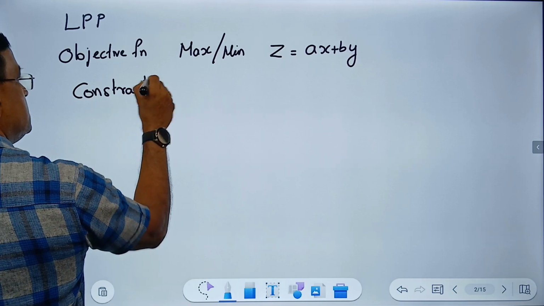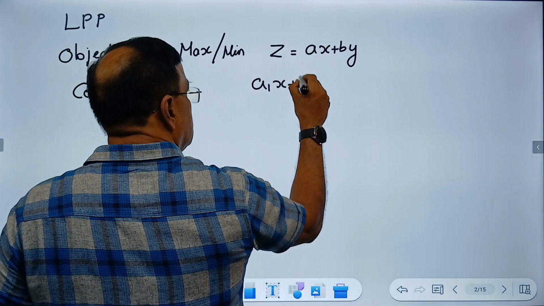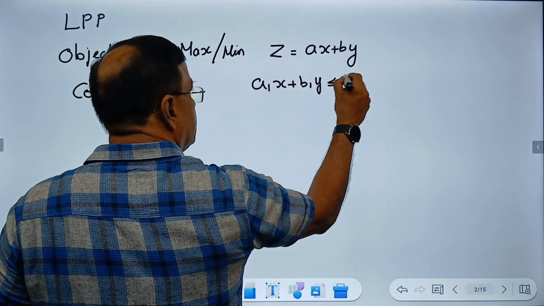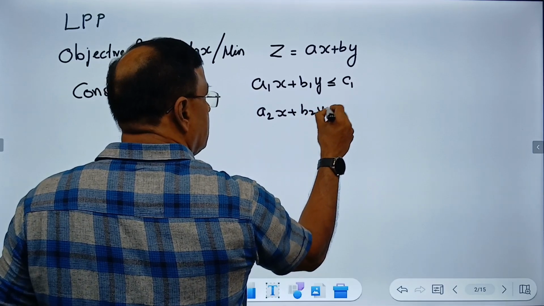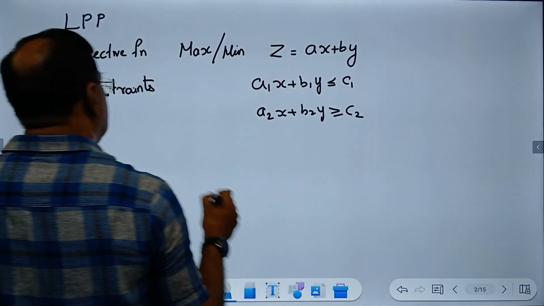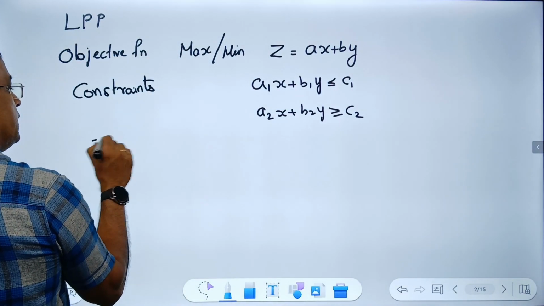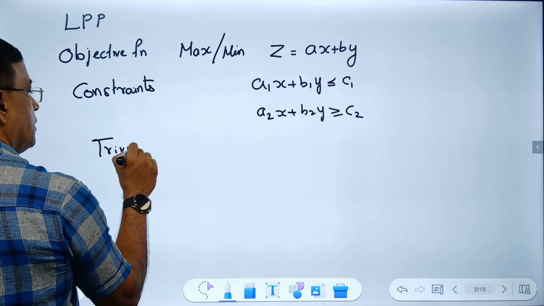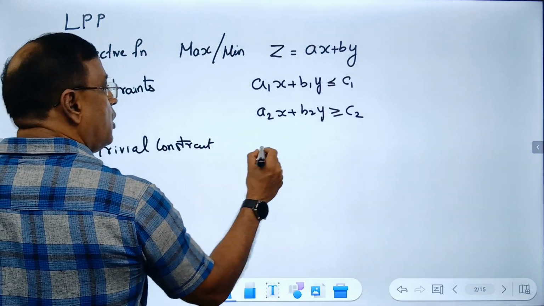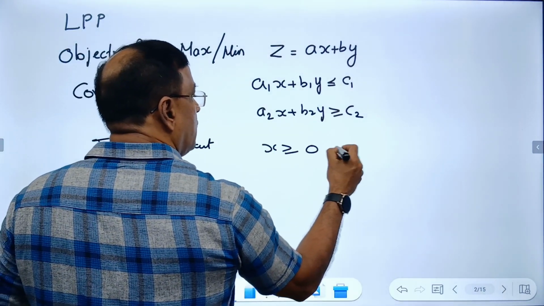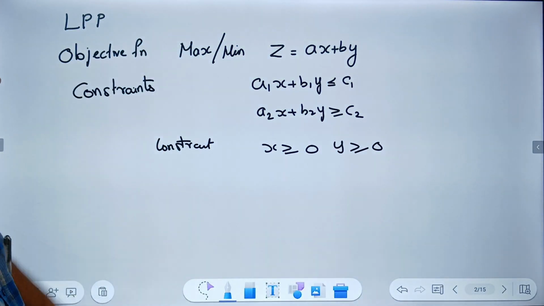Now what type of constraints? They are non-trivial constraints like a1x plus b1y less than or equal to c1, and then a2x plus b2y greater than or equal to c2, and so on. Finally you have the trivial constraints, otherwise called the non-negative constraints: x greater than or equal to 0, y greater than or equal to 0.